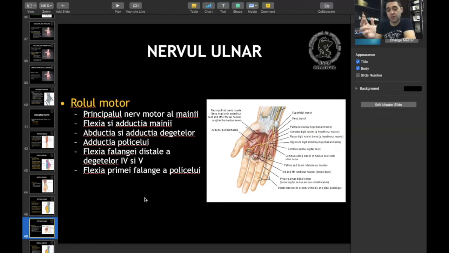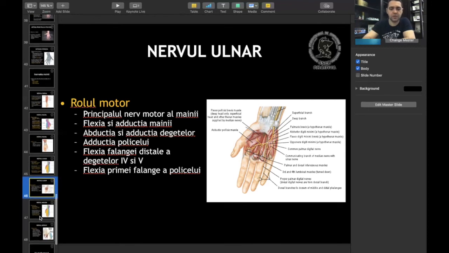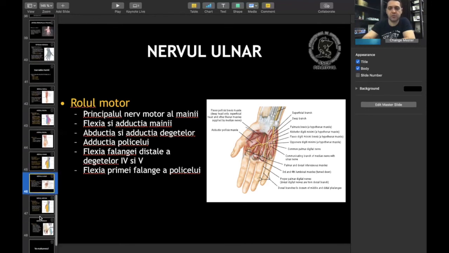Because, as we said, it makes the flexion of the fourth and fifth digit. And if we have this kind of lesion, then there are a lot of motor functions that are blocked, impossible to make, but we'll talk about it later.